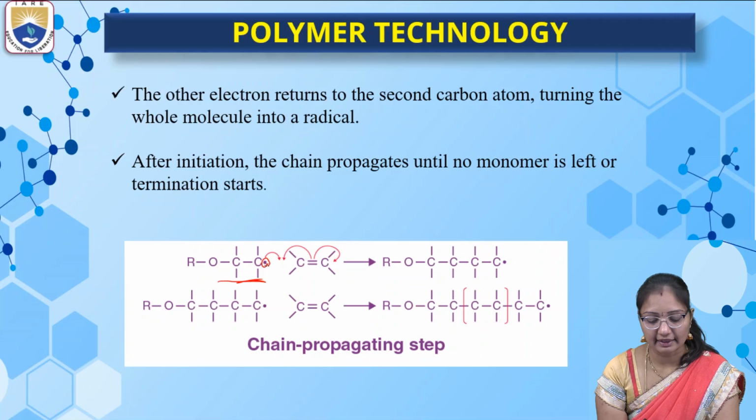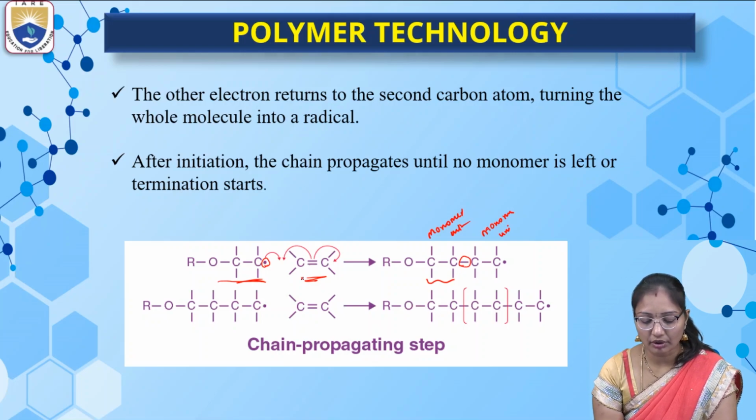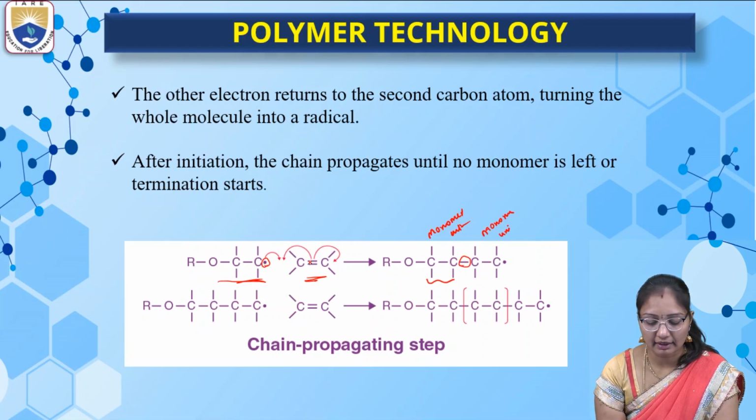Again this radical goes and interacts with another monomer unit which has a double bond. Here two carbon atoms are there. This is one monomer unit, and this is another monomer unit. Again what happens? It reacted here by taking one electron.